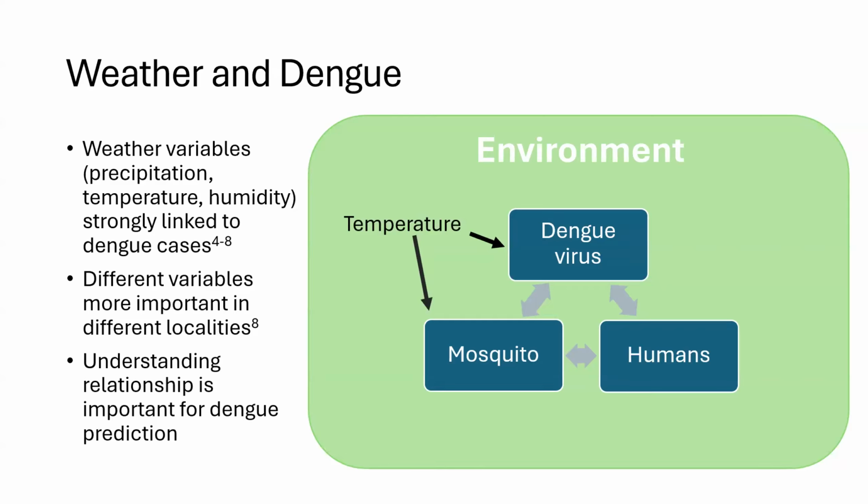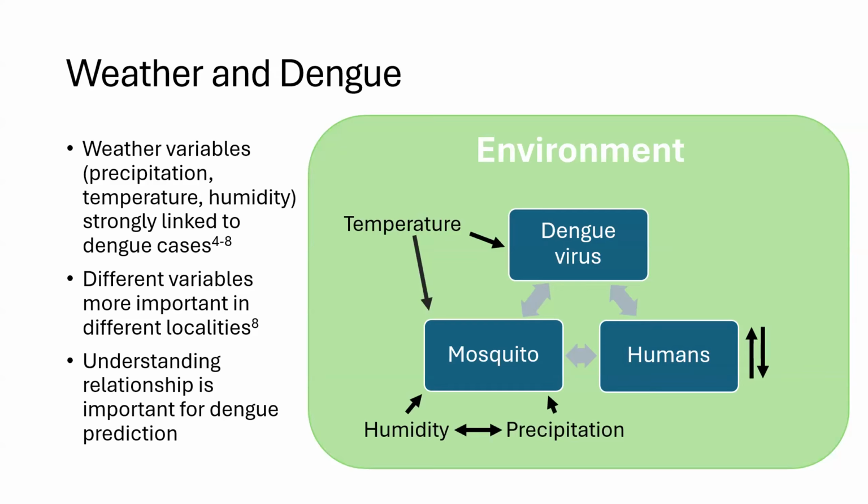With things like precipitation and humidity, we see that these have an effect on the mosquito's longevity, on its ability to breed, and also we see relationships between humidity and precipitation itself, with different types of precipitation affecting how humid an environment is. And finally, all of this comes through as human cases that might increase or decrease depending on how these weather variables are affecting the mosquito and dengue virus.